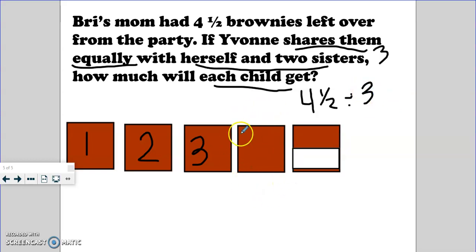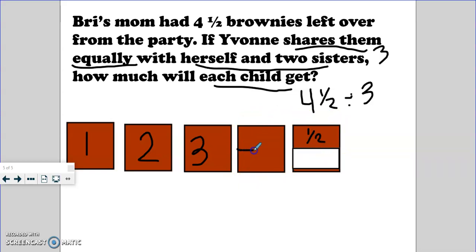What can I break this up into so that I have 1, 2, 3 pieces to share with everyone? This is 1/2. Can I break this up? So I have 1 piece here. How can I make 3 pieces? Correct.